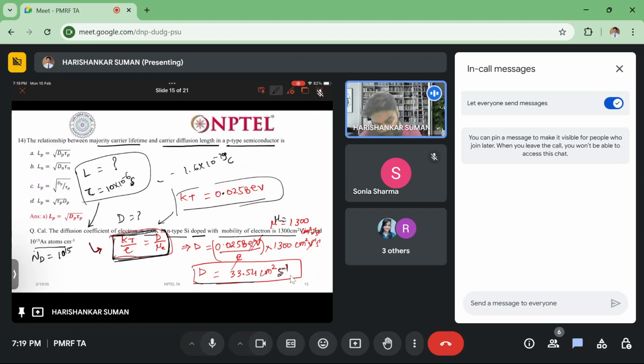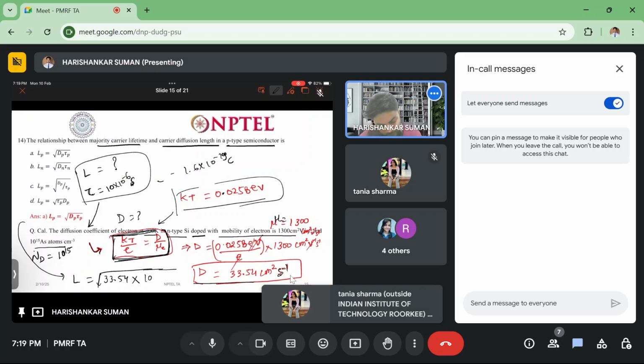So this is the simple equation you can use if you have diffusion coefficient in centimeter squared per second, 10 to the power minus 6, or you can use minus 5.